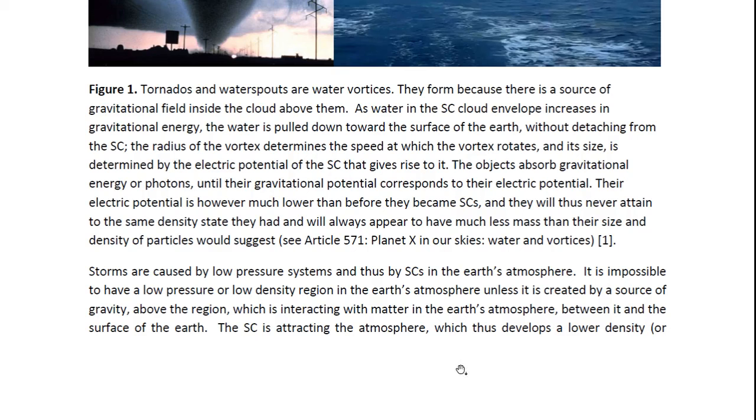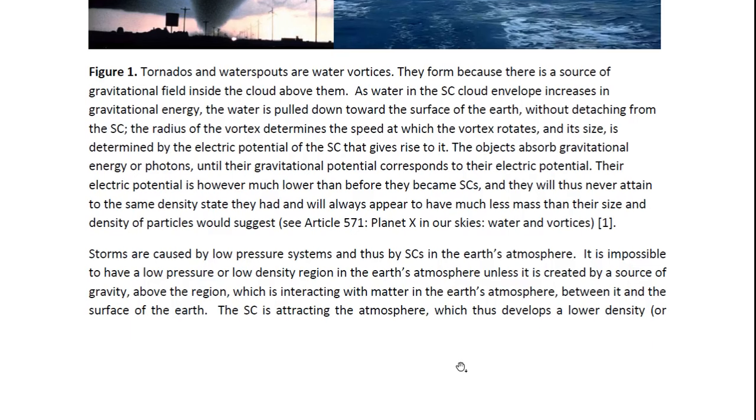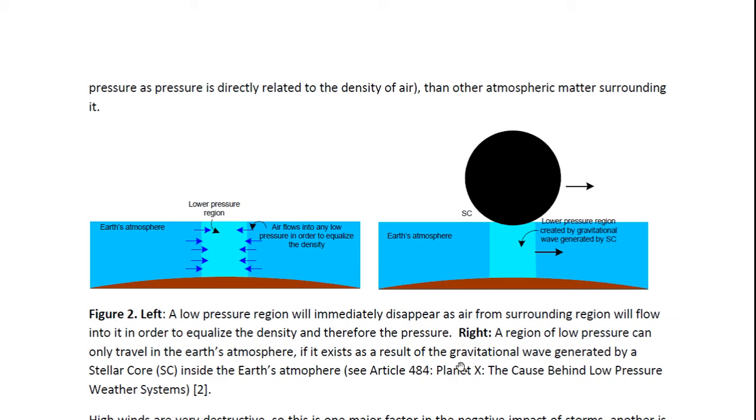The stellar core is attracting the atmosphere, which thus develops a lower density or pressure. Pressure is directly related to the density of air. Lower density of air exerts lower pressure, and higher density air exerts higher pressure.